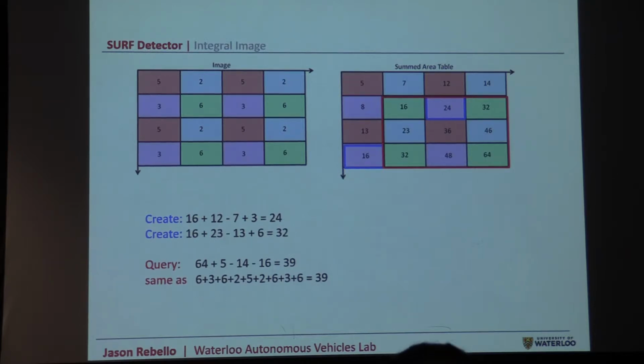So let's try and understand how we reach this value of 24. If we assume that we currently have the values 16 and 12 from our sum table, and we have the original value 3, we basically take 16 plus 12 minus 7 plus 3.